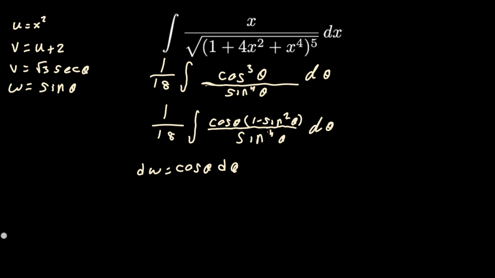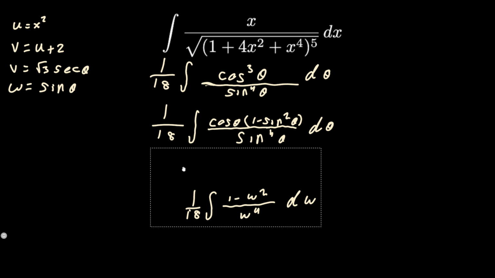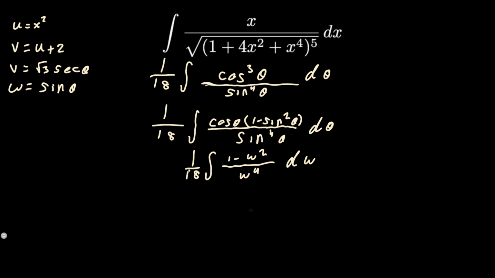And so we have cosine theta d theta, we could just rewrite this as 1 over 18 times the integral of 1 minus w squared divided by w to the 4 dw. And now what we're going to do is pretty much just do long division.